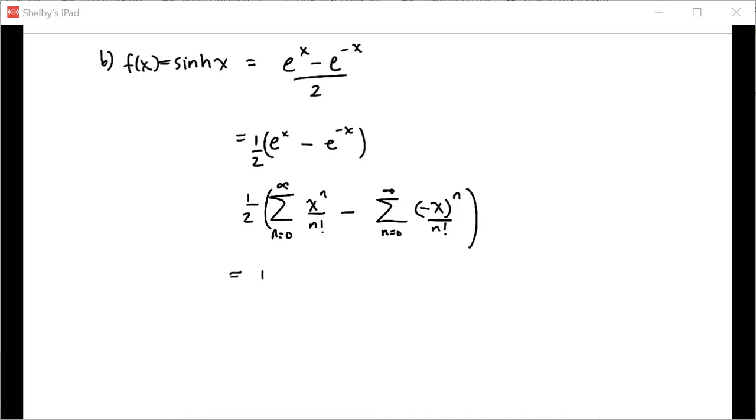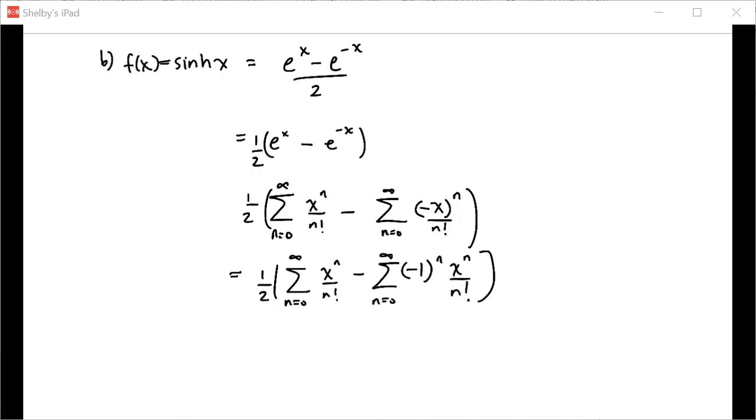So I have a half. This is cleaned up as much as possible. This is going to be (-1) to the n, x to the n over n factorial.